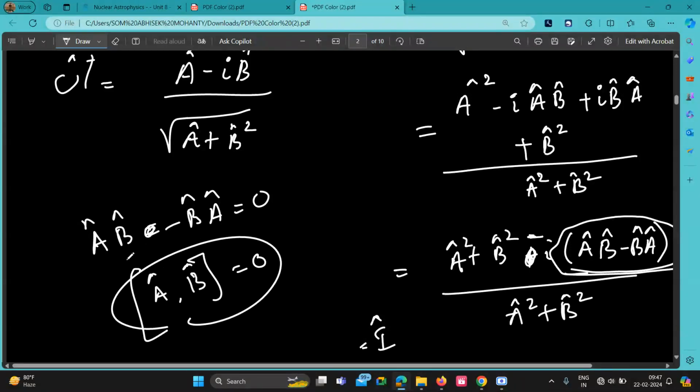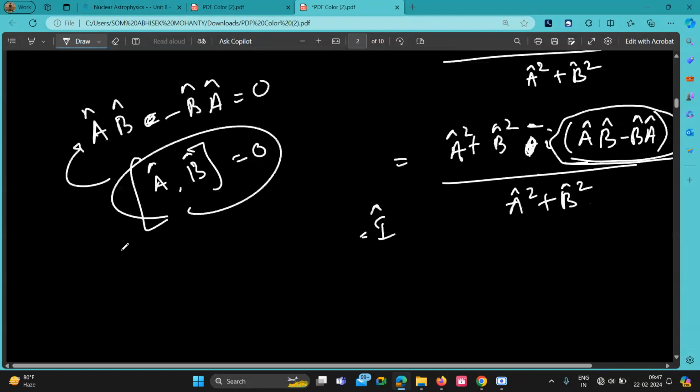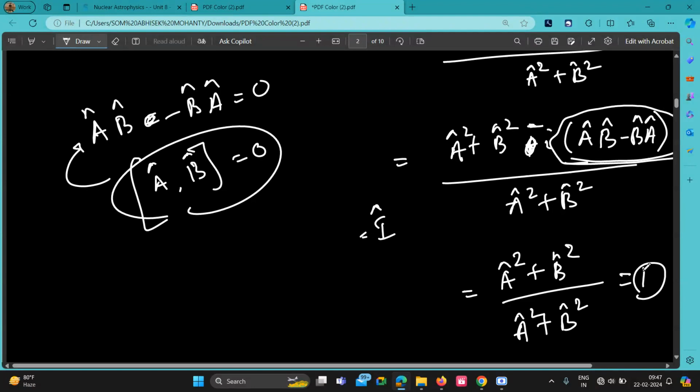So the commutator AB minus BA is zero, and it becomes A square plus B square divided by A square plus B square, which gives me 1, that is I.